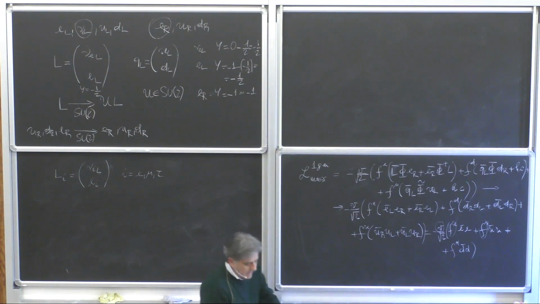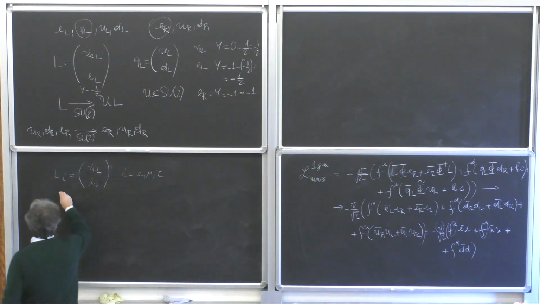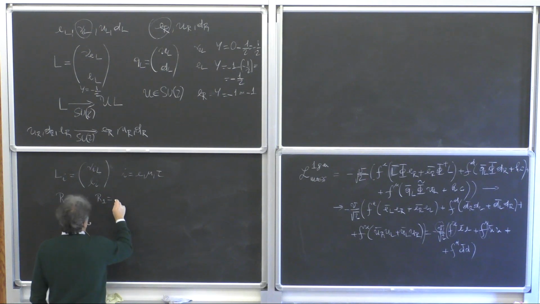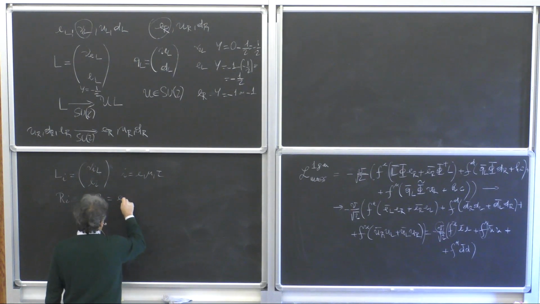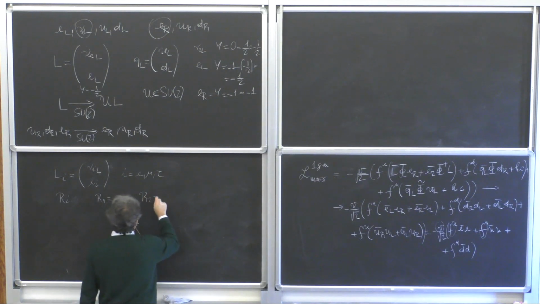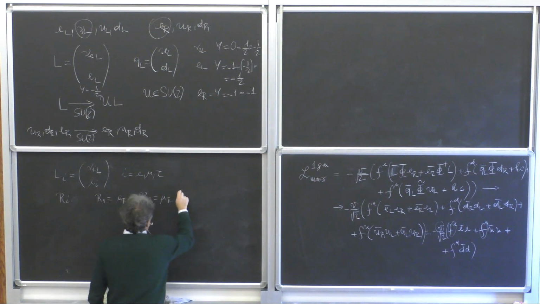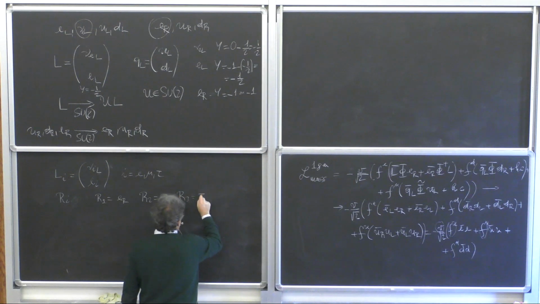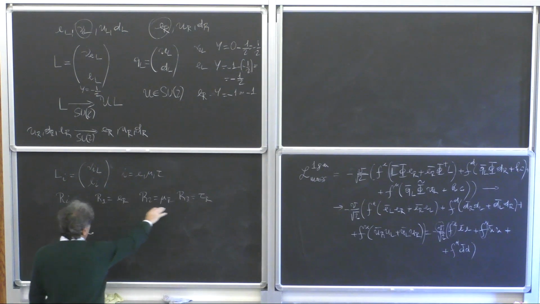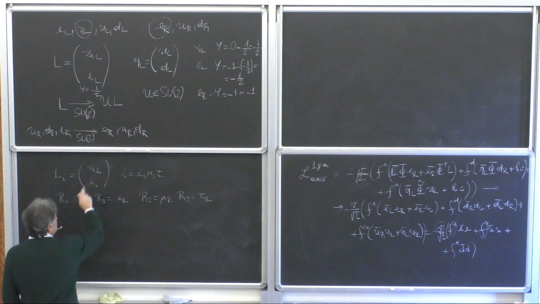I define the R_i, the right component, so R1 is e_R, R2 is mu_R, R3 is tau_R. So the charged leptons have the right-handed part, neutrinos no, they don't have.